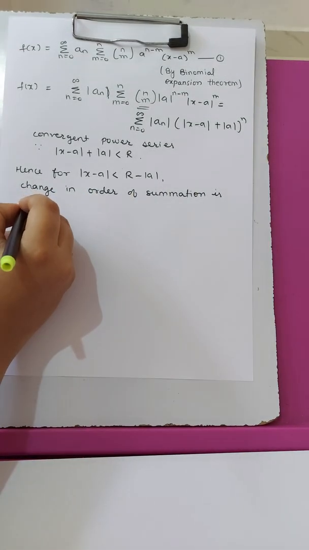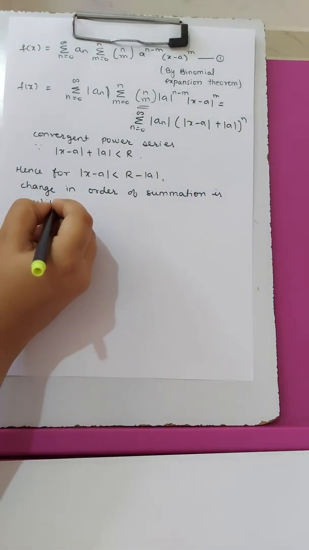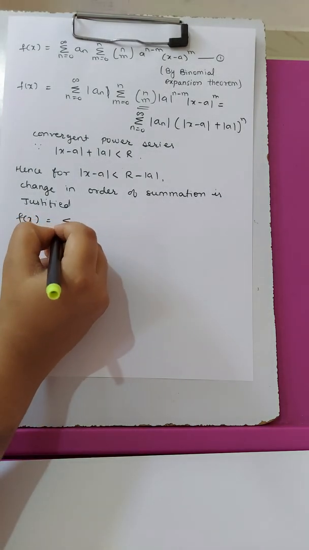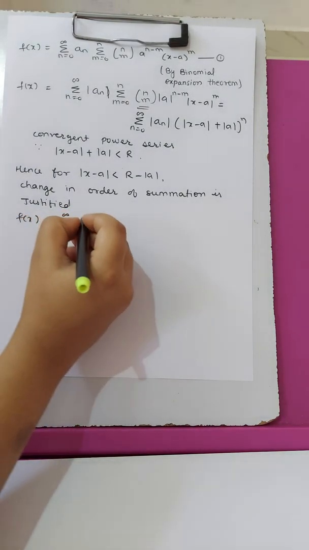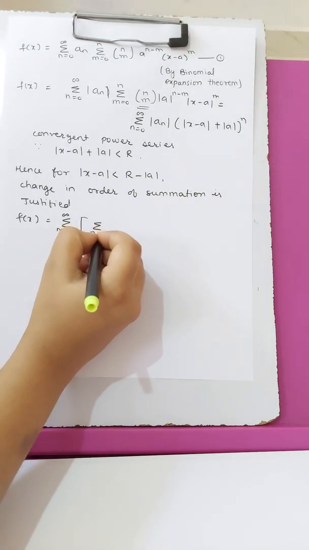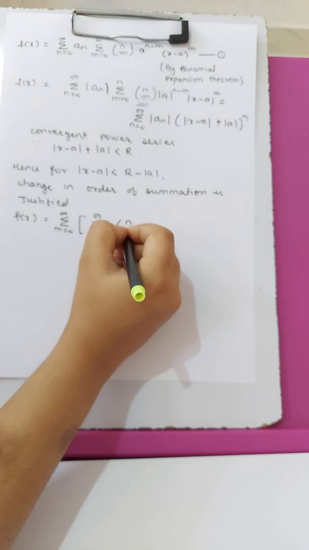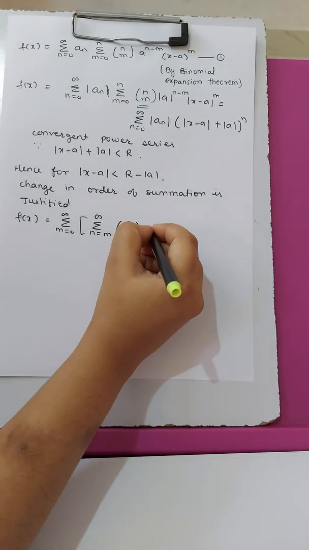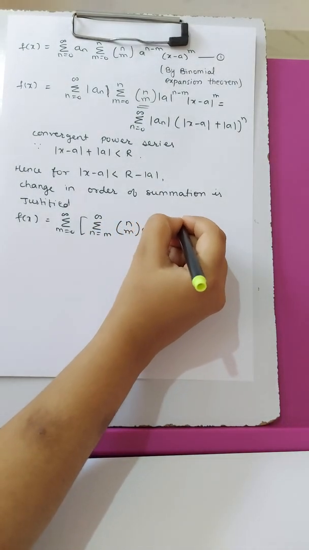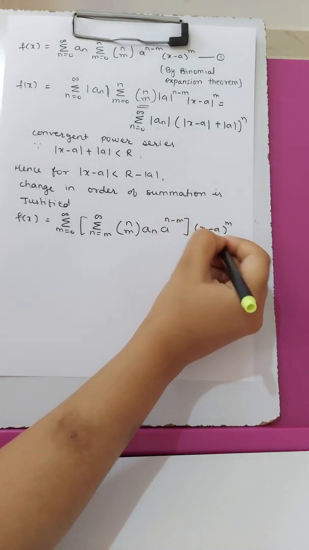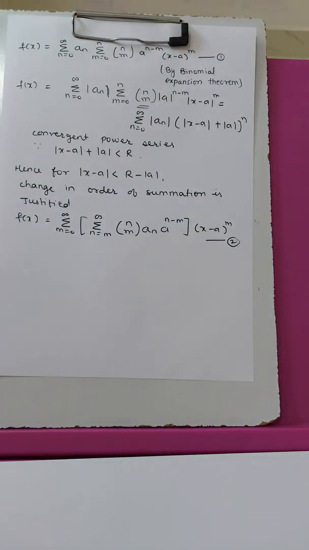So therefore f of x is equal to summation m from 0 to infinity, in bracket summation n from m to infinity n choose m a n a to the power n minus m, and x minus a to the power m. So let it be number 2.